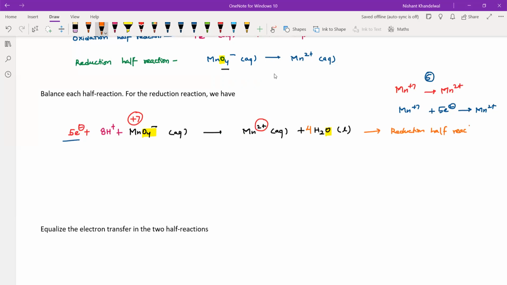Now we have to call our second reaction, that is the oxidation half reaction, which was Fe2 plus giving me Fe3 plus. So this was the oxidation half reaction.